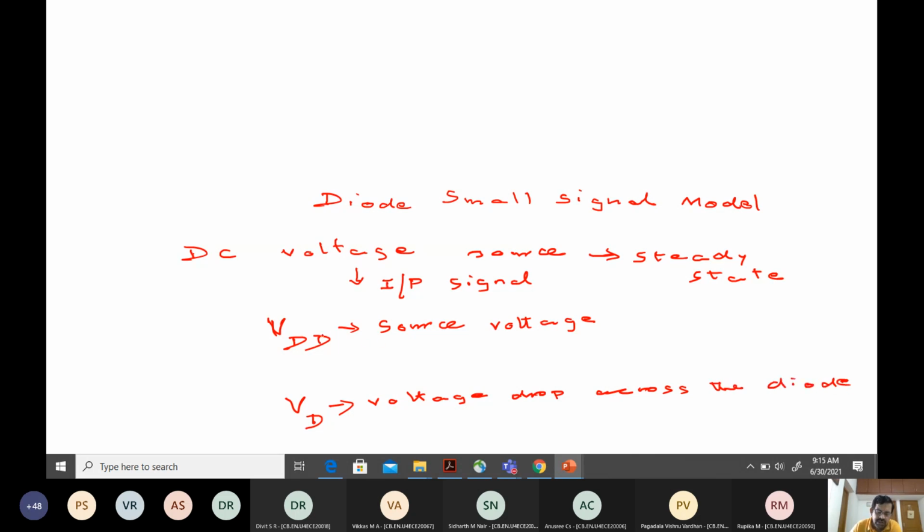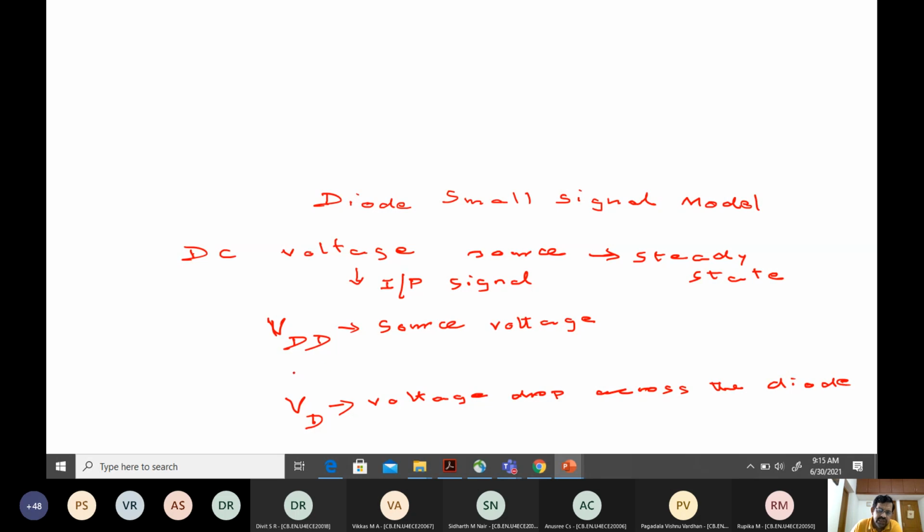Suppose this input source has a small variation. How is it accounted for in the voltage drop across the diode, and how do I analyze such a circuit with a small variation in the input voltage? So that is the idea with which we are going to proceed.